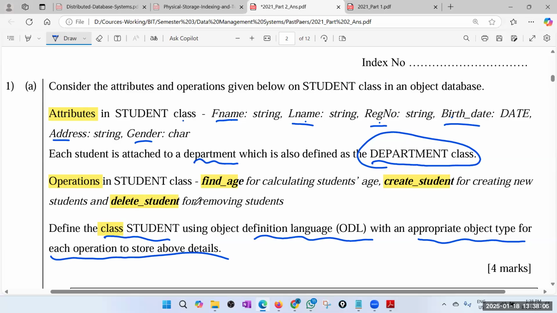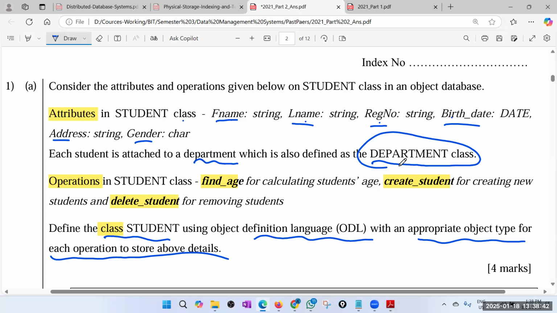That means the method name is the same as this operation name. You just need to decide the return. So find age, it must return your age, right? It must return int. Now create student. Usually create student is an insert, so there is nothing to return. When you have nothing to return, we can return whether it's success or fail, a Boolean result.